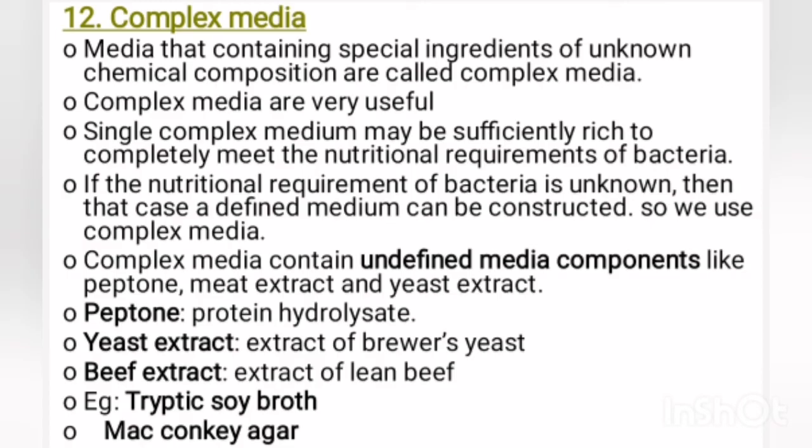Next type of media, complex media. It is a media used to bring out certain characteristics or provide special nutrients required for the growth of bacteria. That means the complex medium contains some ingredients for a special purpose.